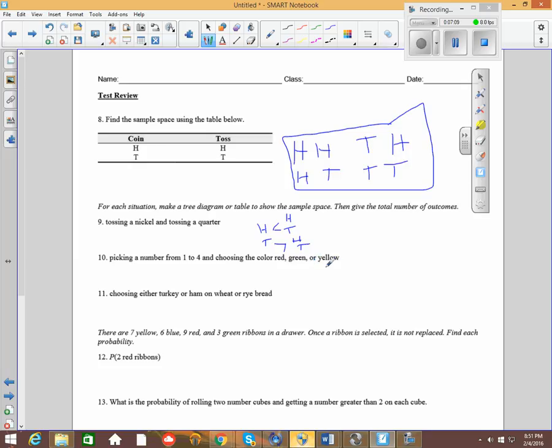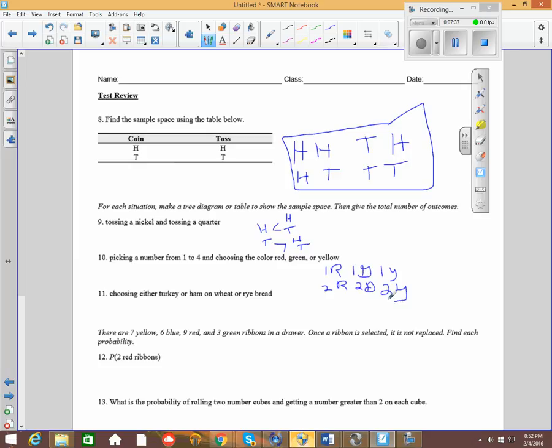If I have 1 red, 1 green, 1 yellow. Then you also have 2 red, 2 green, 2 yellow. So can y'all finish that up? And then tell me how many total combinations. Keep going. 3 red, 3 green, 3 yellow.